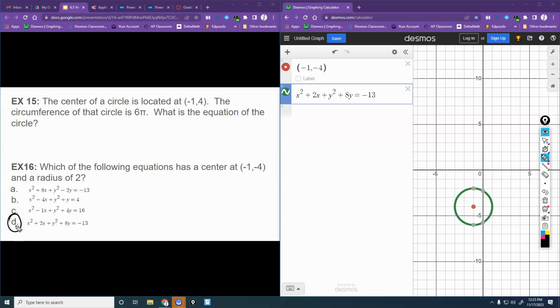Yes? So these are not put in vertex form, right? So for that to be radius, this would be x plus 1 squared plus y plus 4 squared equals 4.